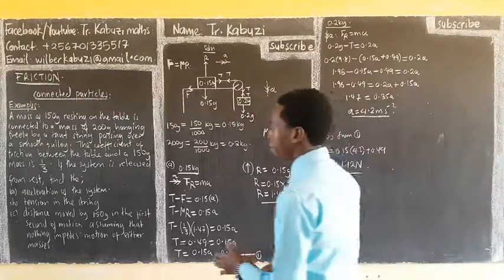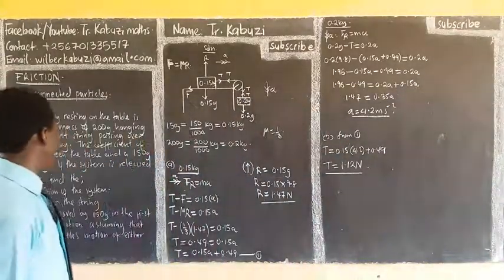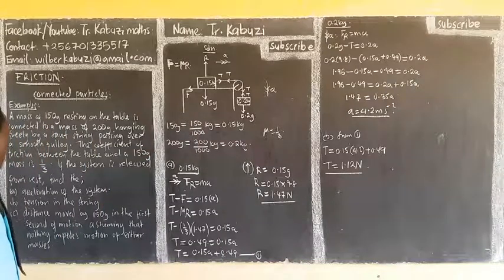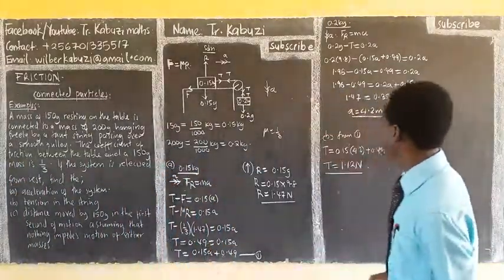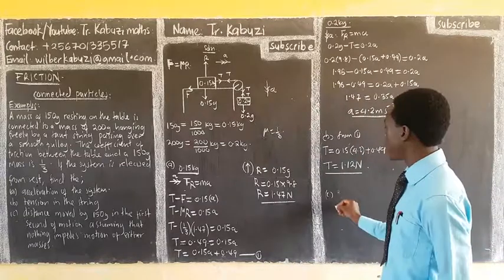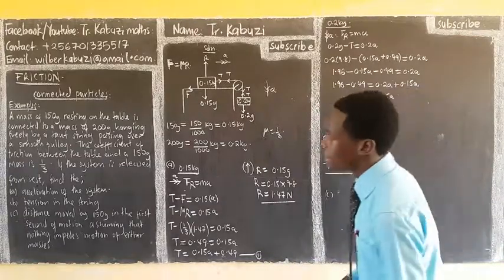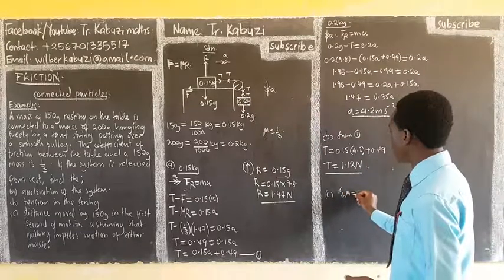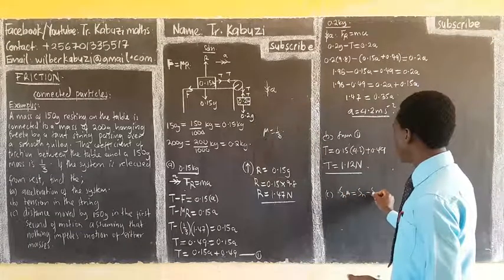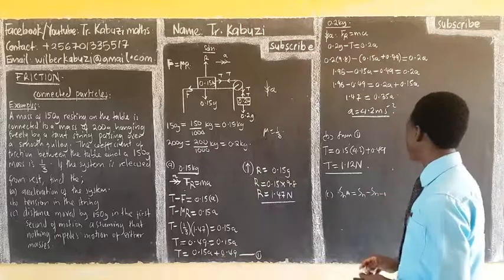Next is the distance moved by the 0.15 kilogram mass in the first second of the motion, assuming that nothing impedes the masses. If you want to get the nth second, remember our formula for the distance covered in the nth second is given by Sn minus Sn minus 1.